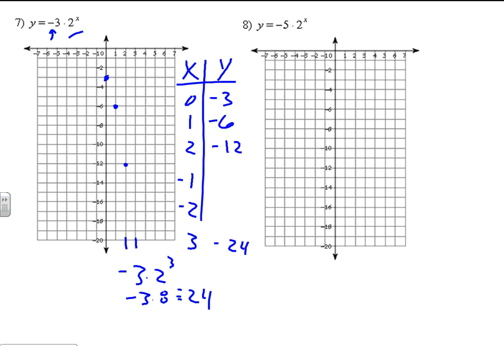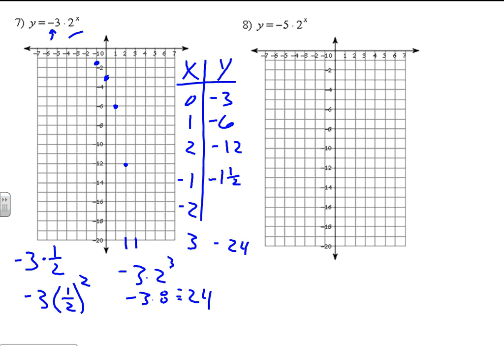When I put in -1, I get -3 times 2 to the -1st, which is 1/2. Check it on your calculator. That's -1.5 or -3/2. So at -1, I'm down 1.5 right there. When I put in -2, I get -3 times 1/2 to the second.